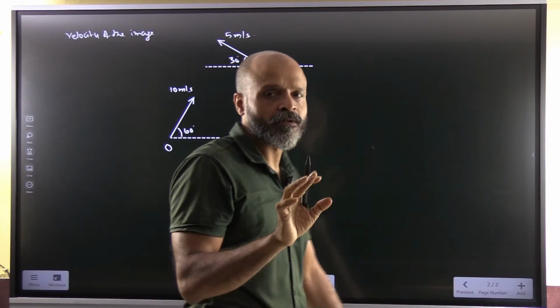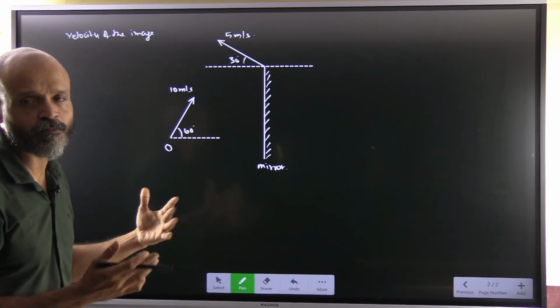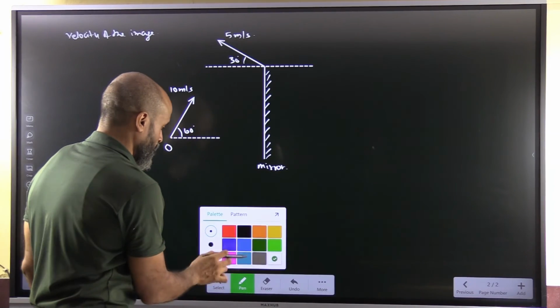Now we will resolve the components both parallel and perpendicular to the surface.